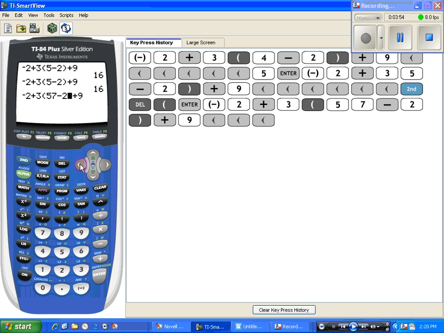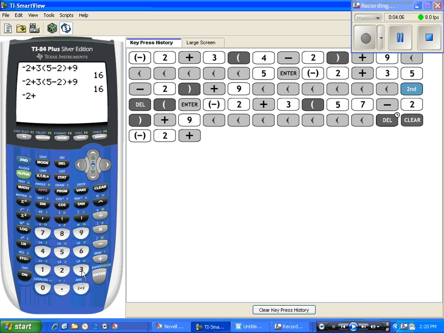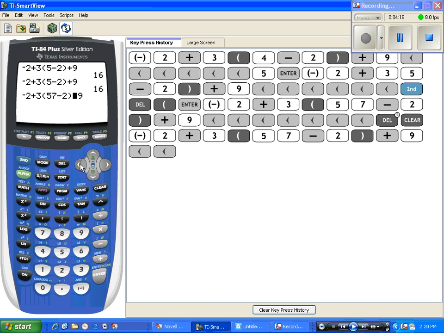And again, if I notice this, I can just cursor back and press the... whoops, I cursored back too far. Let me just clear that and try that again. Negative 2 plus 3 close parenthesis 57 subtract 2 close parenthesis plus 9. Okay, I'll pay attention to what I'm doing. So I can cursor back, so I'm on top of the 7 that I want to delete, and then press the delete key.